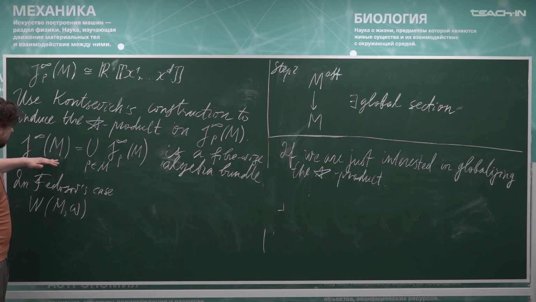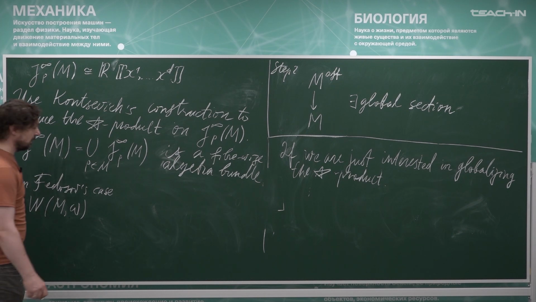So something like this can be done here. Of course, one needs to be careful as to the invariant of the star product you obtain in that way, but this can be done. I'm just skipping lots of details here.